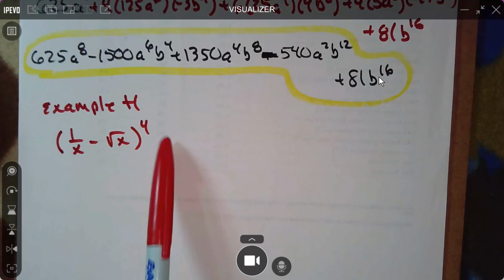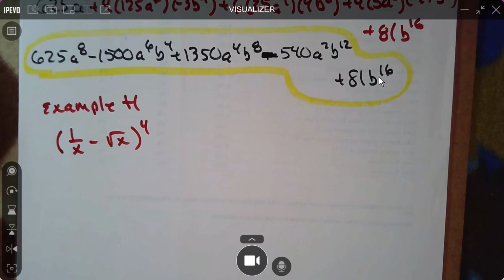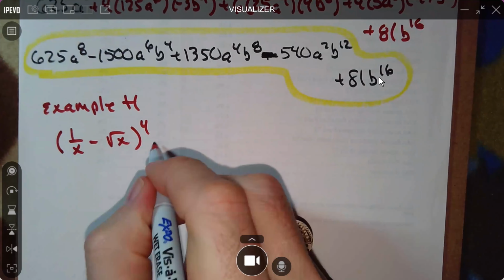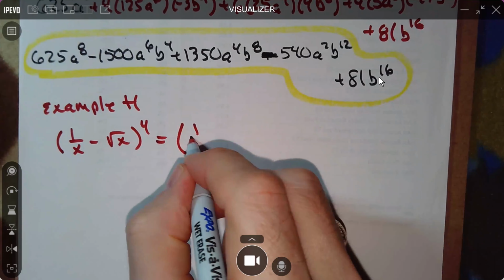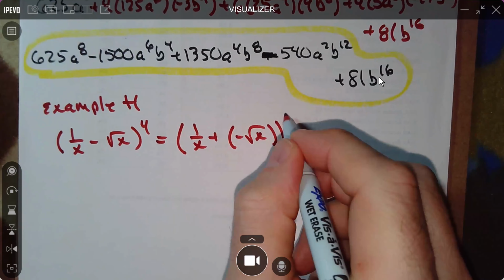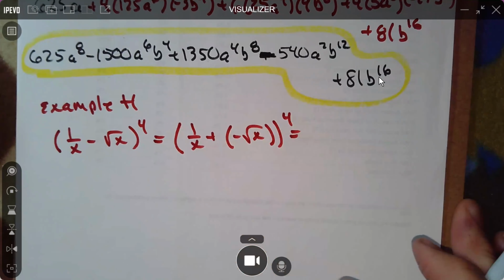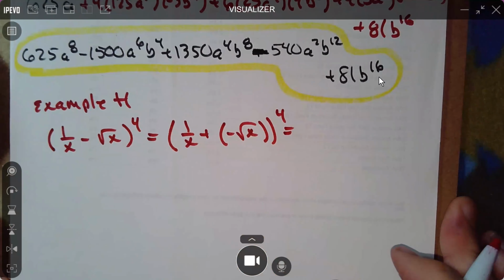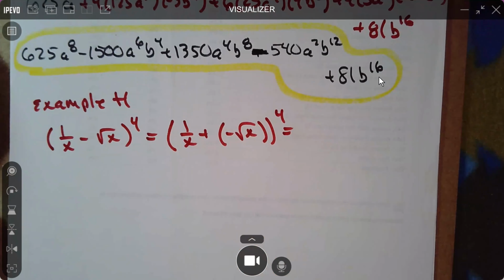Before we get going on this, I would strongly suggest you rewrite this. Now, the first step, of course, would be to write it as maybe plus negative square root of x, like that, to the 4th power. But I want to rewrite it again one more time. Any suggestions as to how I'd rewrite that?